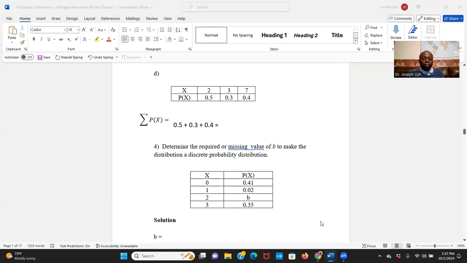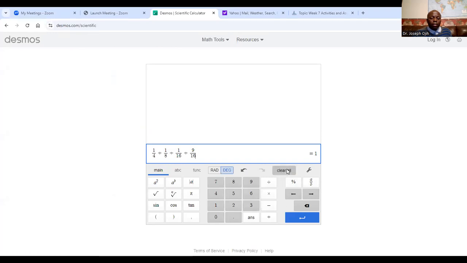So I got 0.5 plus 0.3 plus 0.4. That means 1.2. It is not. For it to be a probability distribution, it must add to 1.